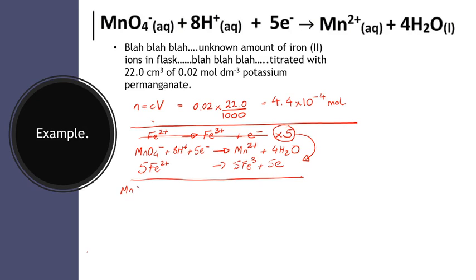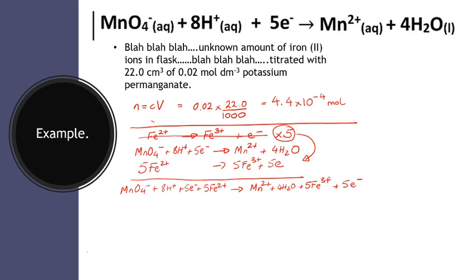So 1 permanganate ion, and some protons and 5 electrons and 5 iron 2s are going to give me a manganese ion and some water and some iron 3, and my 5 electrons.